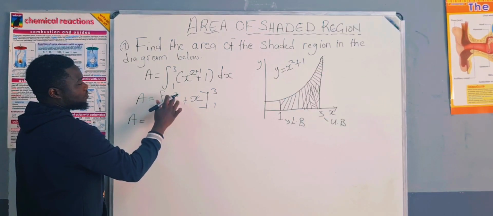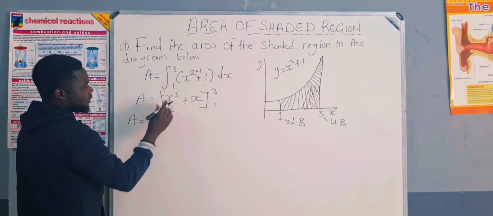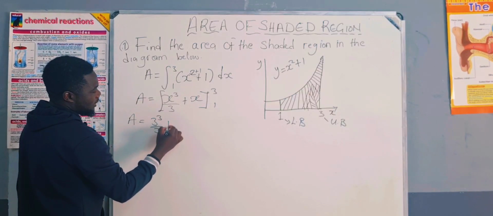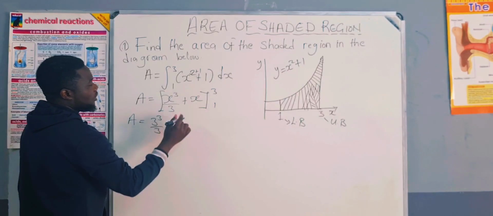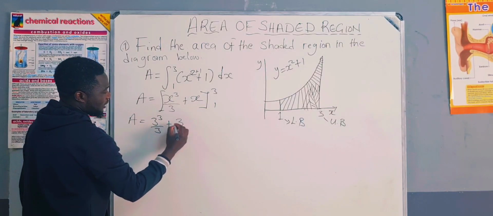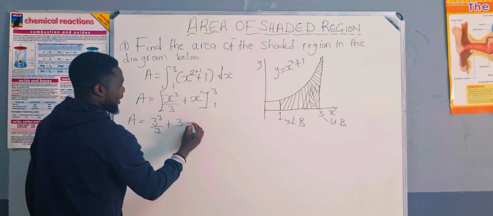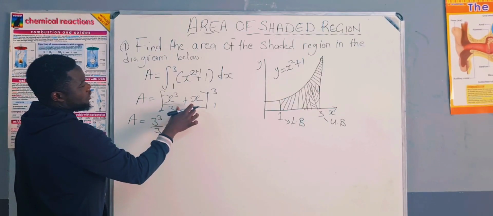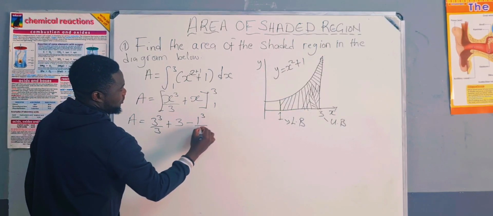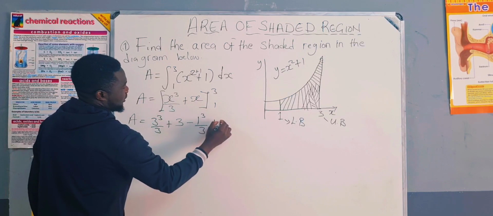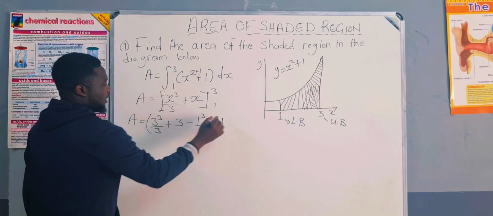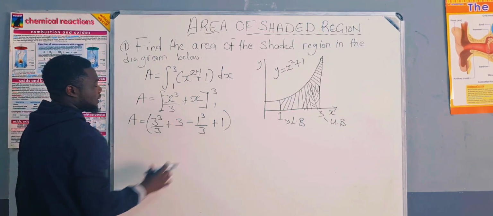Where there is x, you substitute 3 to the power 3 over 3, plus 3, and then minus. Now let's go to the lower bound. We use the same: where there is x, we put 1 to the power 3 over 3, plus 1.